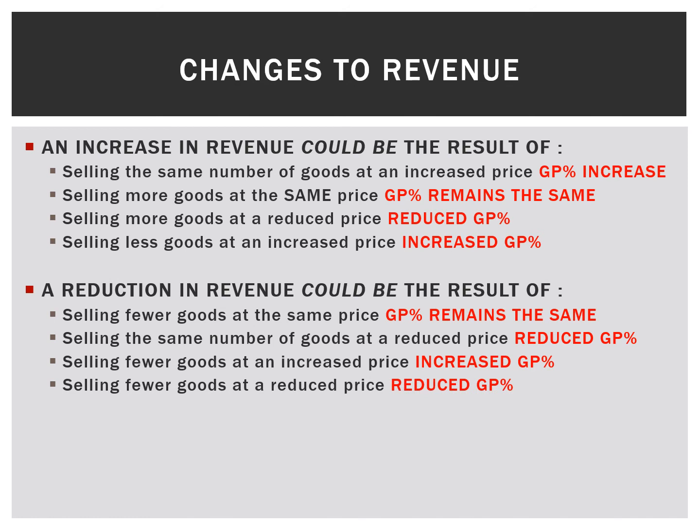Selling fewer goods at a reduced price will bring that gross profit percentage down, and selling more goods at a reduced price will still bring that gross margin down. The percentage of the selling price that's left after deducting cost of sales will in both cases go down.